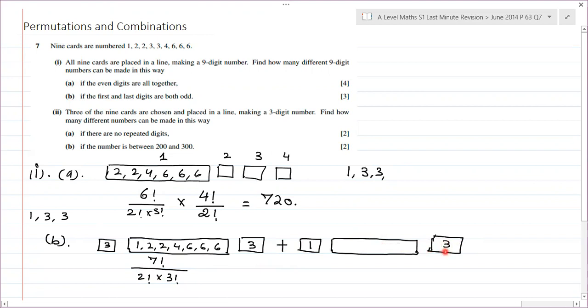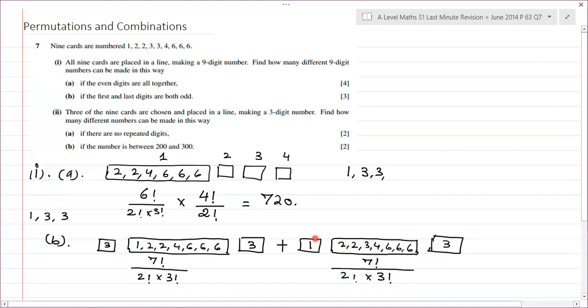So in this case, it's going to be 7 factorial for the middle digits, the 7 digits which are left, in which I have used a 1. So I'll have 2, 2. I've used 1, 3, so I'll have a 3 over here. 4, 6, 6, and 6. 1, 2, 3, 4, 5, 6, 7. That's going to be my 7 digits. Divided by 2 factorial for the 2 2's, multiplied by 3 factorial for the 3 6's.